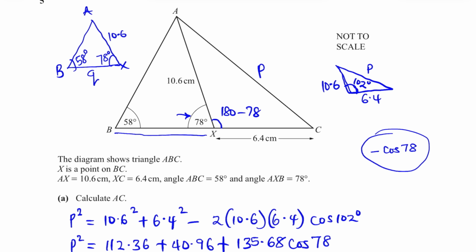So in order for us to find Q, we need to first of all find the angle here, and then we apply the sine rule this time. To find the angle here, we simply add up the two base angles given and then subtract the sum from 180. So this will be 180 minus 58 plus 78.